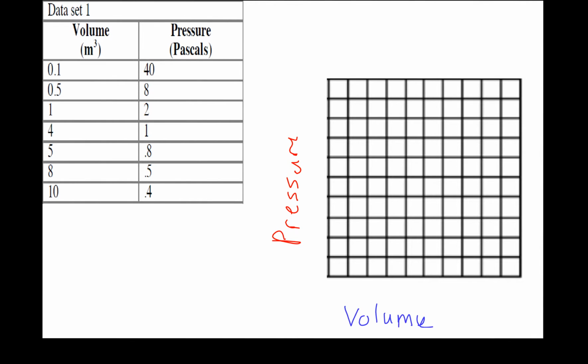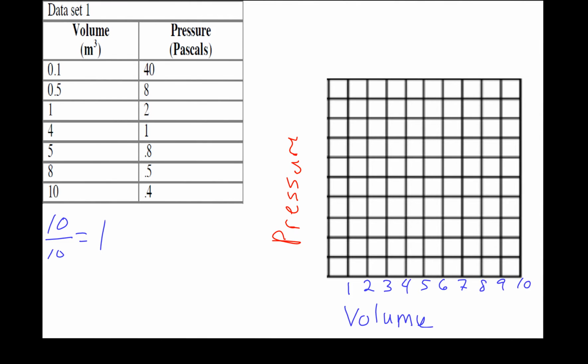Just to do a quick calculation, 10 divided by 10 is 1, which tells you that each one of these grid lines is worth 1 meter cubed. So I'm going to write those out on my grid lines: 1, 2, 3, 4, 5, 6, 7, 8, 9, and 10.